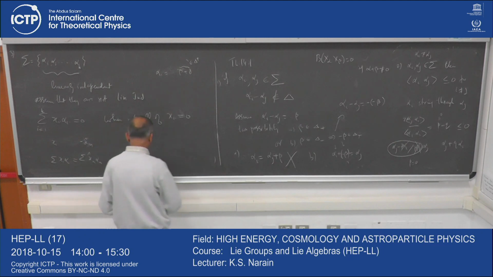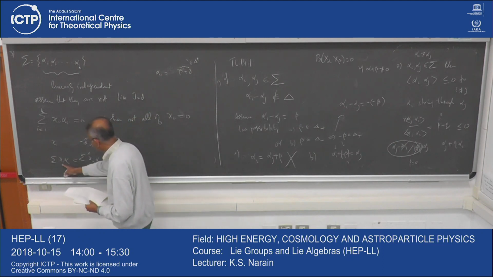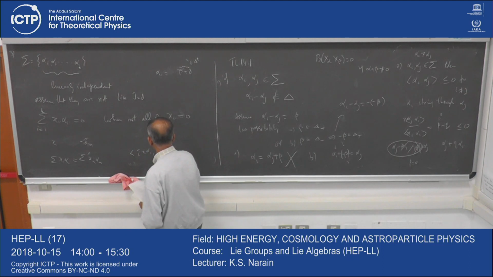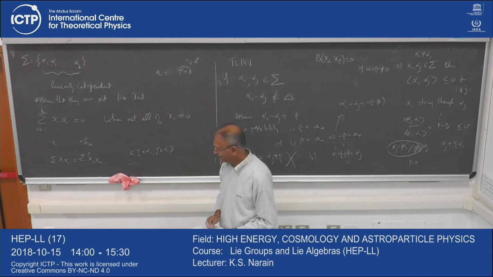Okay, so now let's do the following. Let's take the square of this: the sum over xi alpha I with itself, the inner product.